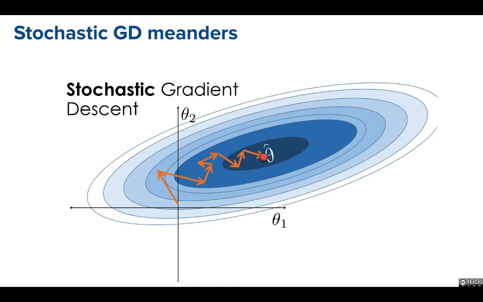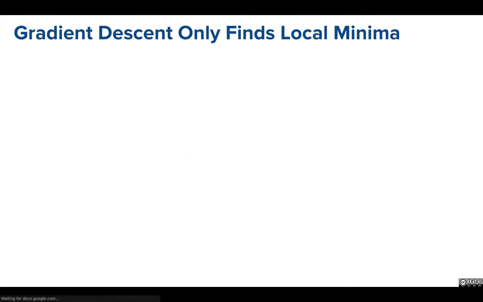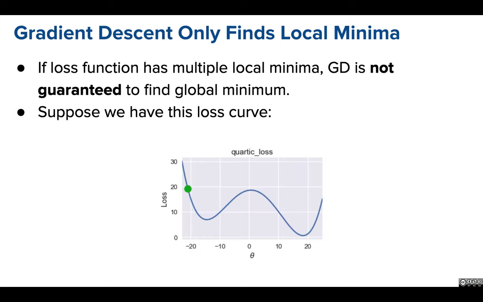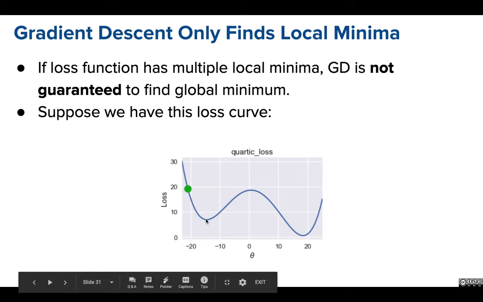Okay, so that's SGD. Talk about convexity. Turns out that gradient descent is not a super magical algorithm. It is not guaranteed to find the global lowest loss. It's only guaranteed to find the local lowest loss. And what that means is if we have this loss curve that looks like this, we have a local minima of loss right here, but the global minima of loss is way over here.